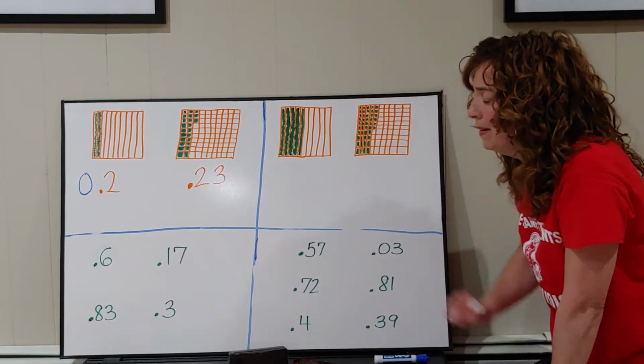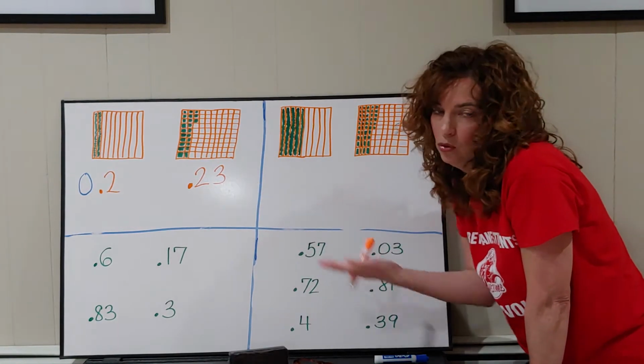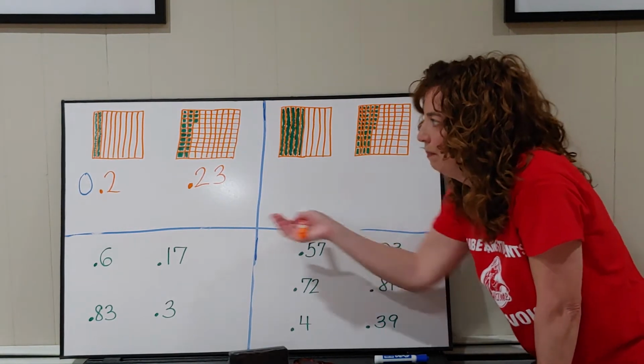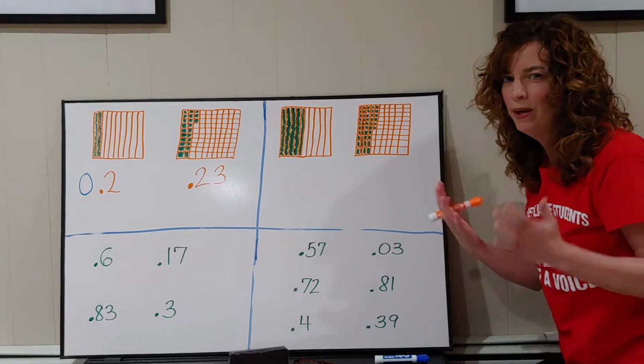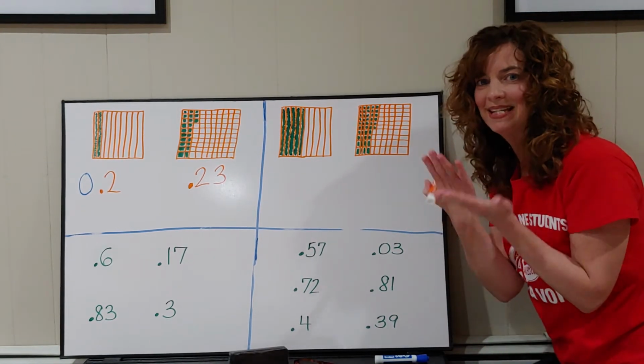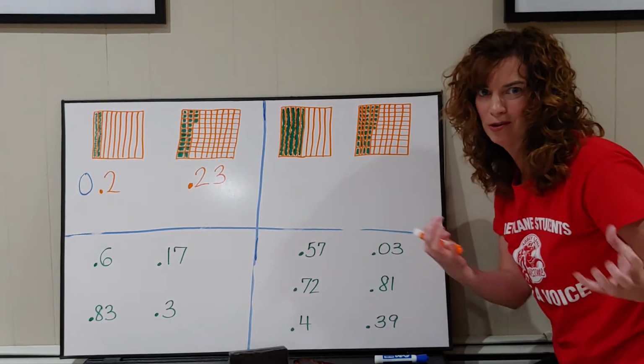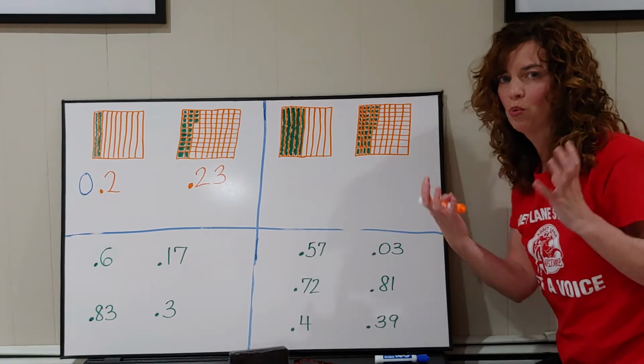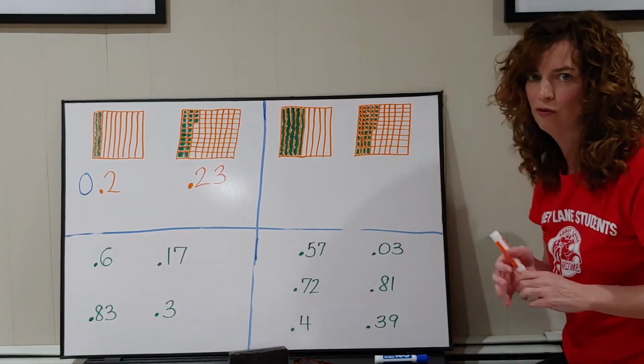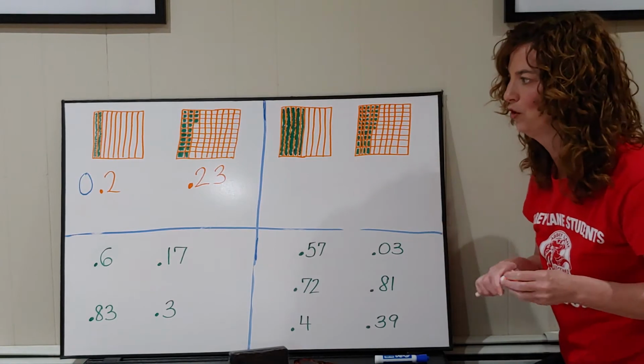Now, I want to compare these two numbers, and I want to see which is smaller, which is bigger. But now this one, it looks like 23, right, is bigger than 2. But are we comparing the same thing? It's like apples and oranges, right? We have to make sure we're comparing the same thing. So let's make these into fractions, and I think that'll be a little bit easier for you to see.